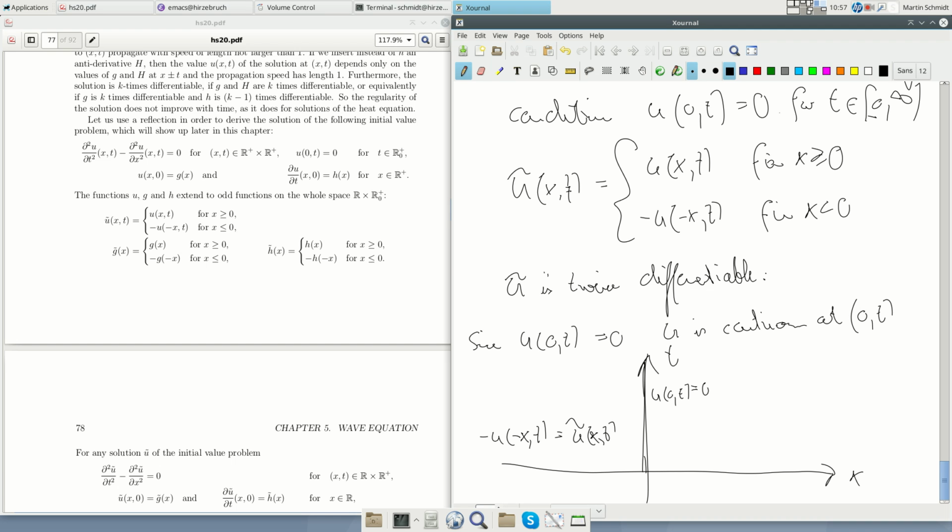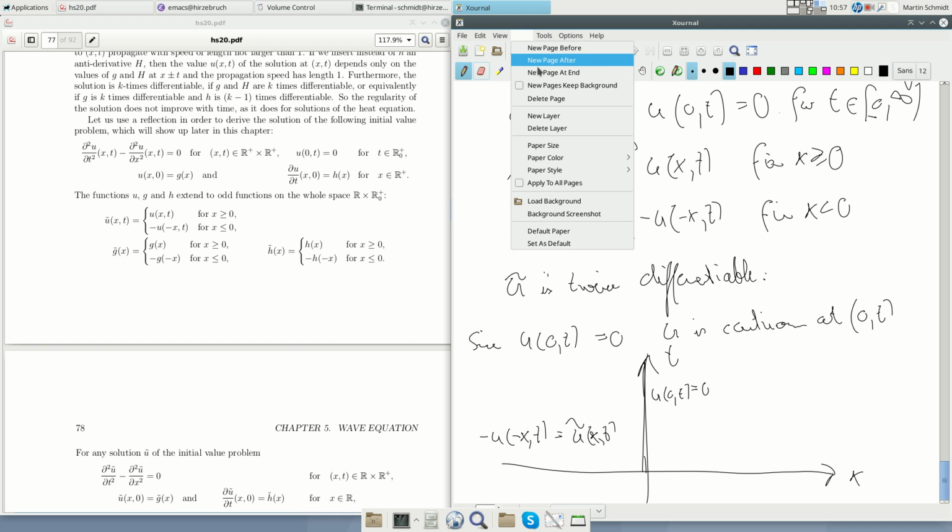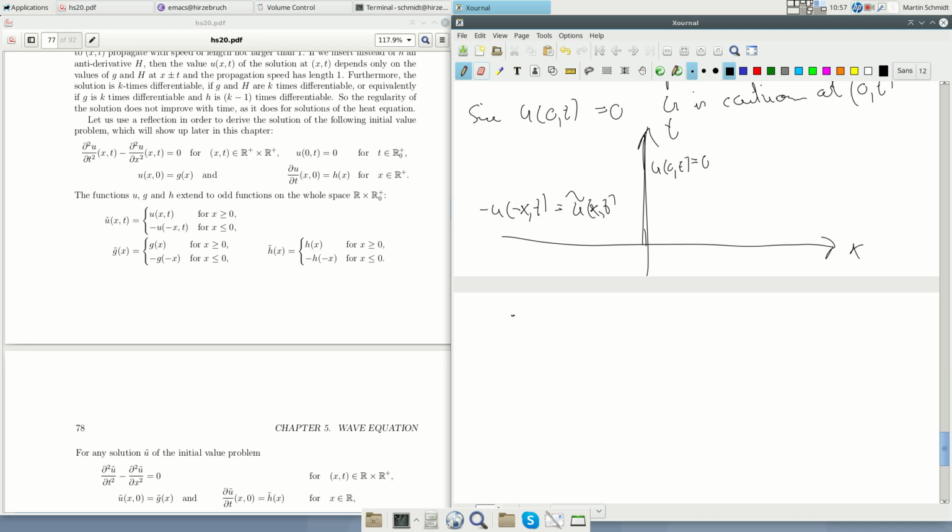If we take the derivatives at 0 and t, for the derivative d by dx of minus u of minus x,t, we get from the inner derivative a minus and the second minus. So this is the same as du by dx evaluated at minus x,t.